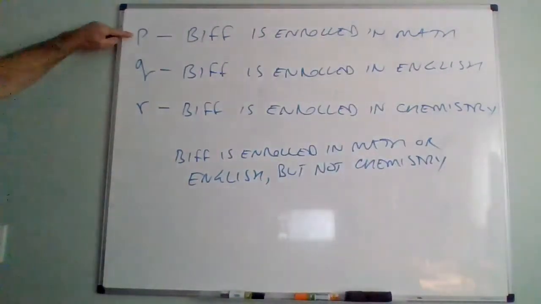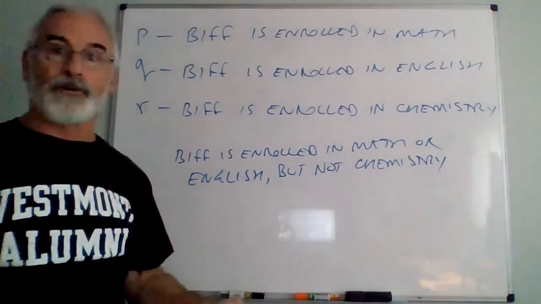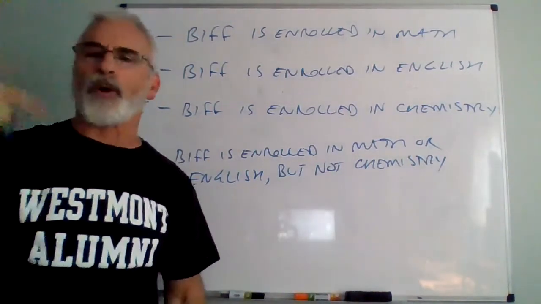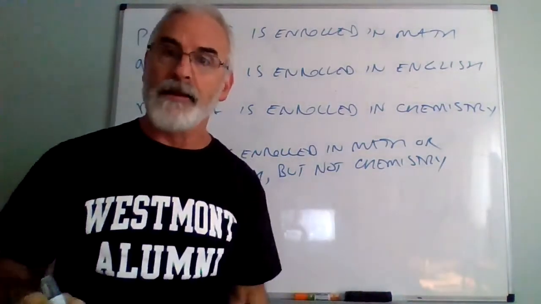Remember, each one of these is true or it is false. I'm not saying P is true. I'm saying Biff is enrolled in math or Biff is not enrolled in math. So we usually start with a positive statement. Therefore, if Biff is not enrolled in math, we just say not P.